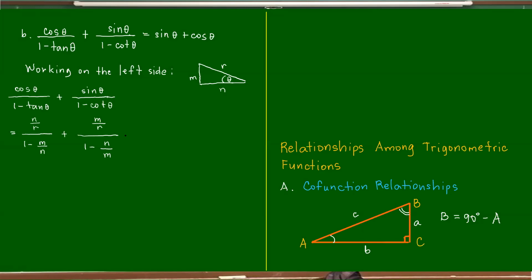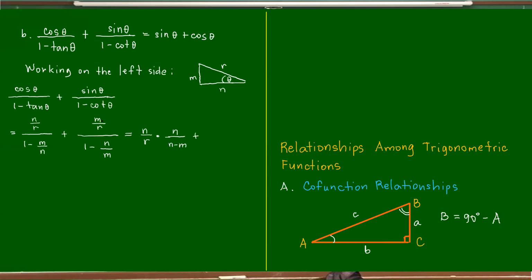So when simplified, we multiply the numerator n over r by the reciprocal of the denominator. The denominator is n minus m all over n, so it now becomes n over n minus m, right?